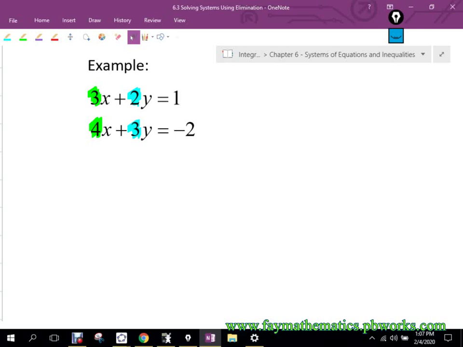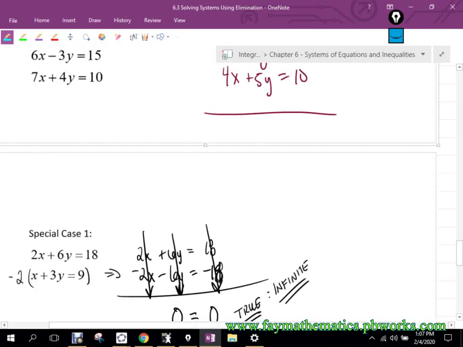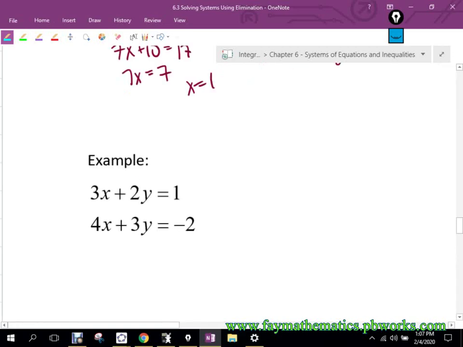Wait, was that multiply one by a negative? Yeah. So here's the idea. If you told me you wanted to cancel the Y's, and this is something I think is very important for us to realize that we can do.